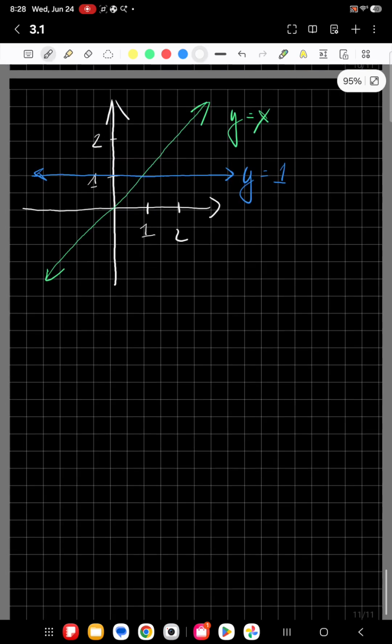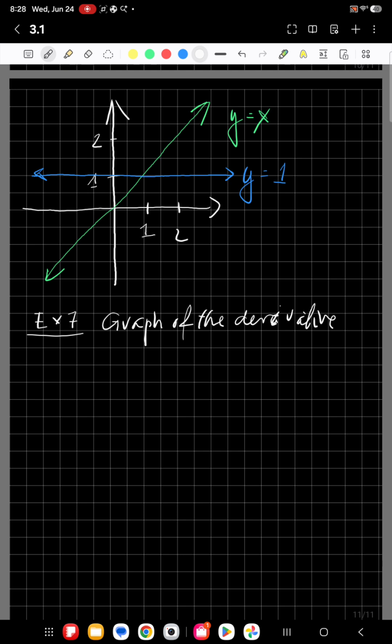So now example 7. And this time the graph of the derivative is given.